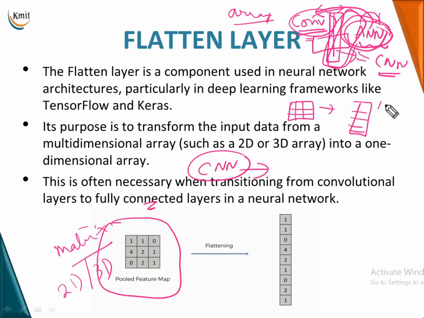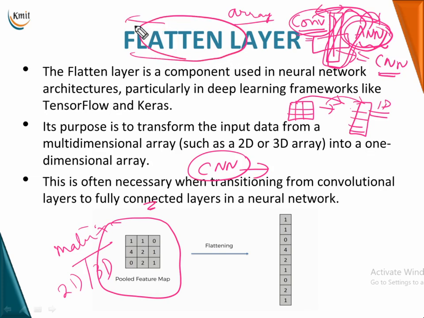It should look like a one-dimensional array. So to transform this feature map data, the resultant of convolutional layers or pooled layers, into a one-dimensional array, you require a flattened layer.